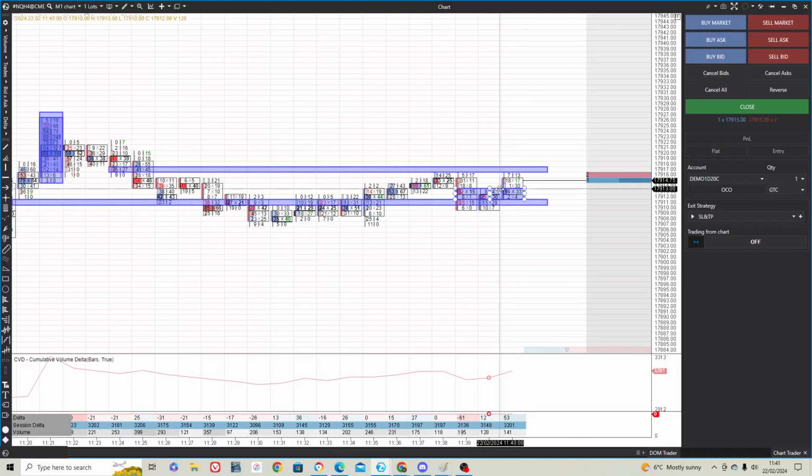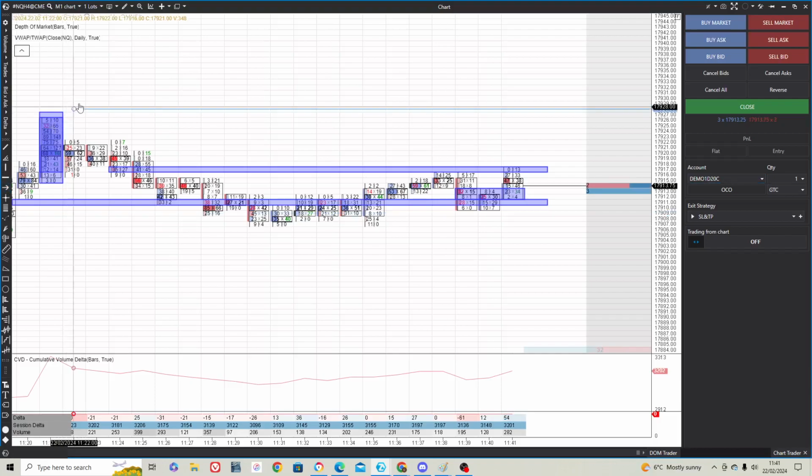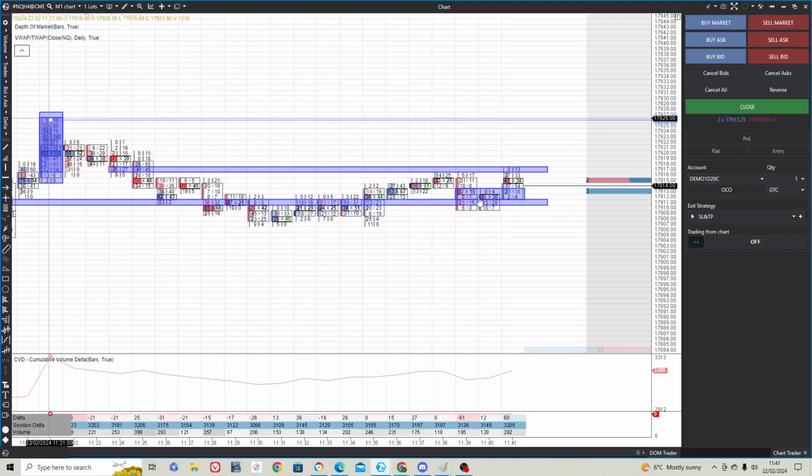See, it broke up there. This is why we wait for confirmations. No rushing in. Now it could retest the high, or we could get a strong rejection from this mini point of control.